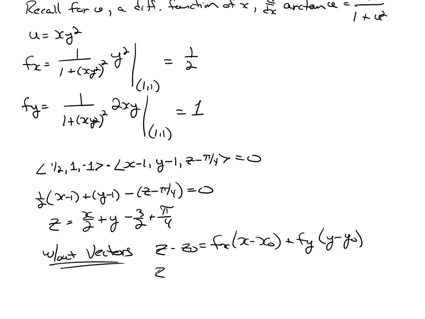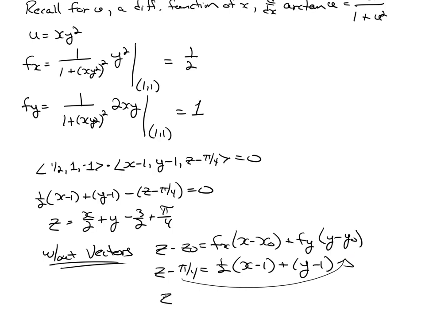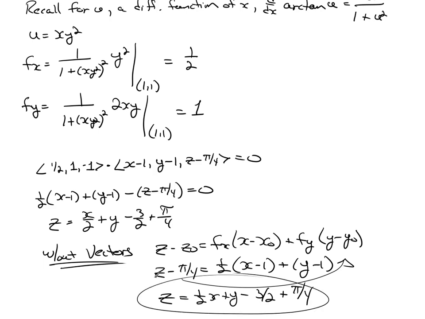So filling in the blanks, I get z minus pi over 4 equals 1/2 (x minus 1) plus 1 times (y minus 1), which I bring over, and I get z equals 1/2 x plus y minus 3/2 plus pi over 4. So I'm getting the same thing. There are two ways to go about it to get the exact same result. It doesn't really matter which way you use.